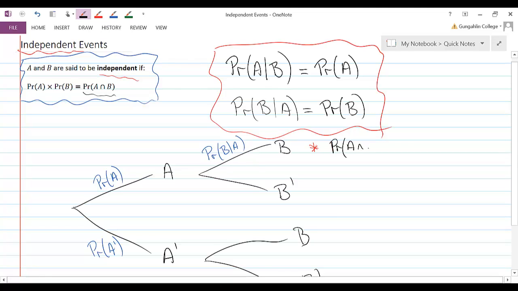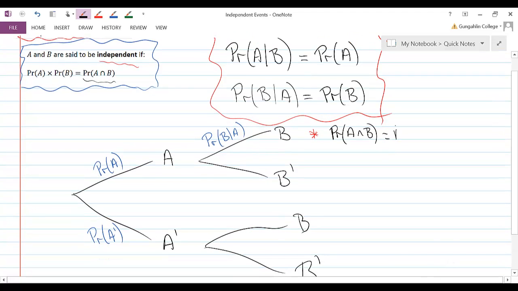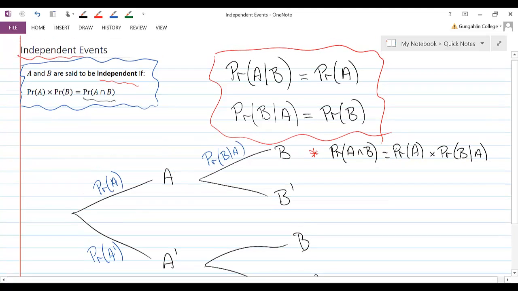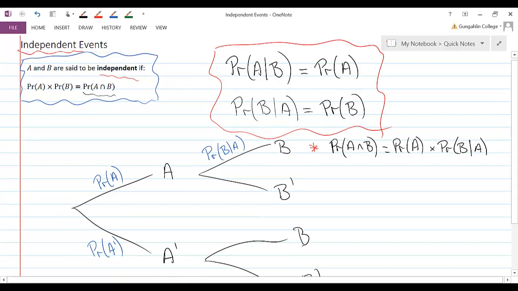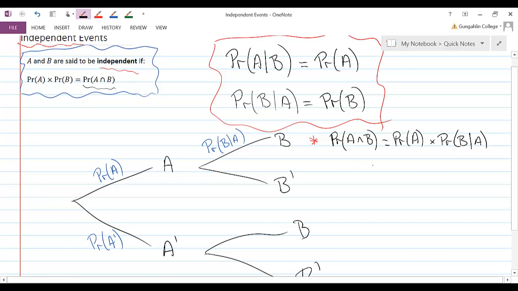To work that out, I would multiply these two together: the probability of A times the probability of B given A. But if these things are independent, we know that the probability of B given A has to be the same as the probability of B. So I can replace this with just the probability of B, and that is the definition I had for independence. So that's one way to see how that relates.